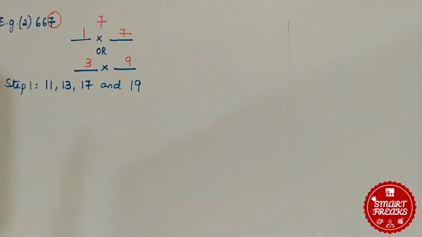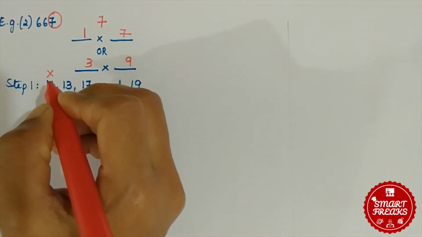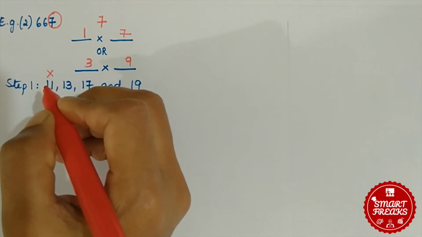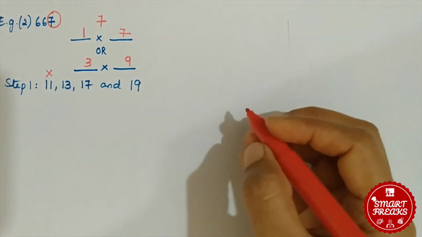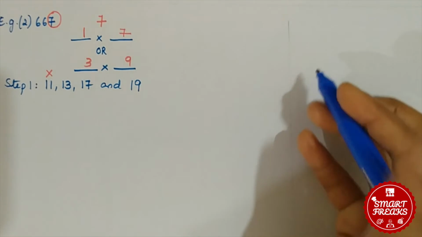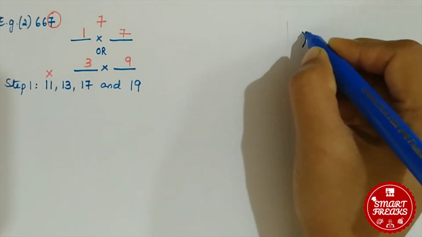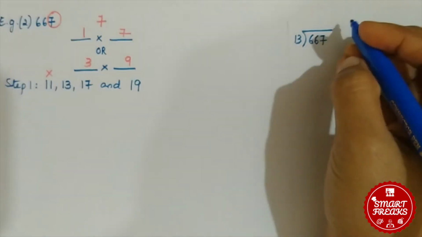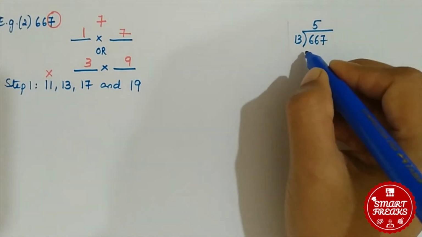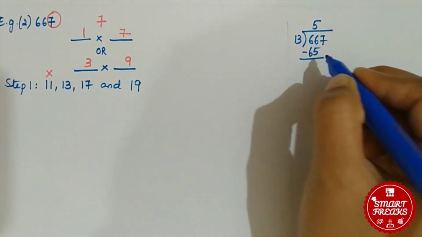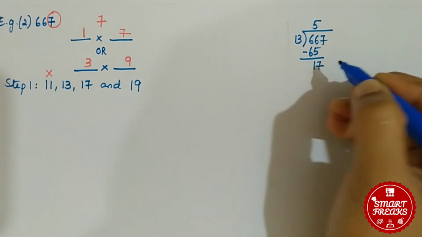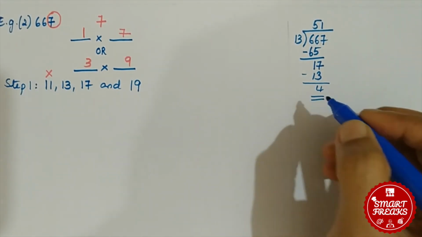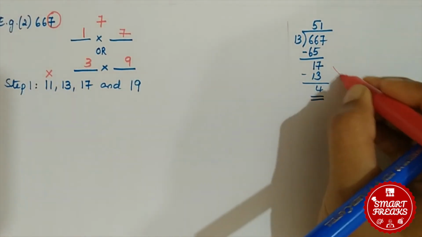11 does not divide 667. Now, let us divide 667 by 13. 13 5s are 65. Subtract, we get 1. Get 7 down. 13 1s are 13. Subtract, we get 4. That means the number is not divisible by 13.